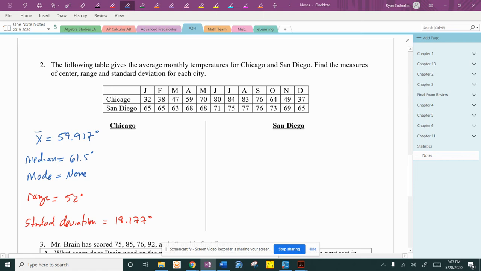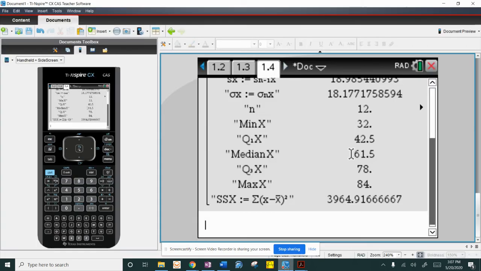Now, let's do the same thing for San Diego. And this is where you would use these to kind of compare the data sets and make some conclusions based on that. So I'm going to find these things again. So I have it here.